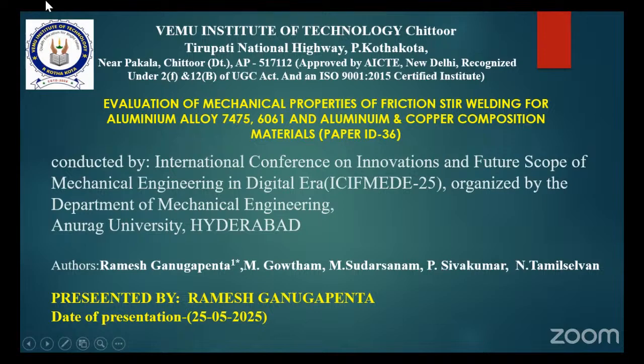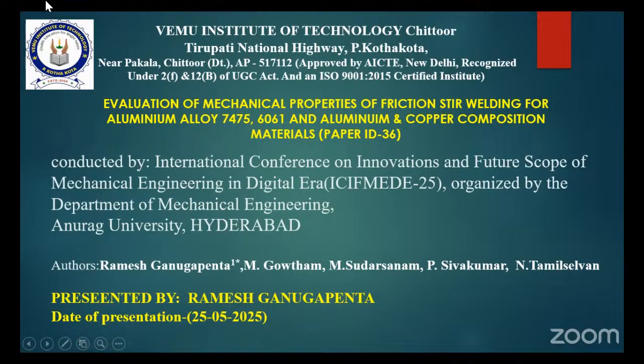In the same way, we found the values for aluminum 7475, aluminum 6061, and the aluminum and copper composition. The ultimate tensile strength is 91.73 Newton per mm square for aluminum 7475 alloy, 96.00 Newton per mm square for aluminum 6061, and 112 Newton per mm square for the aluminum and copper composition material.